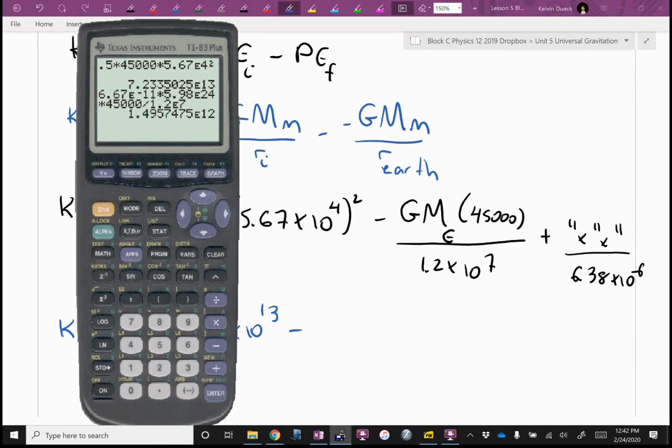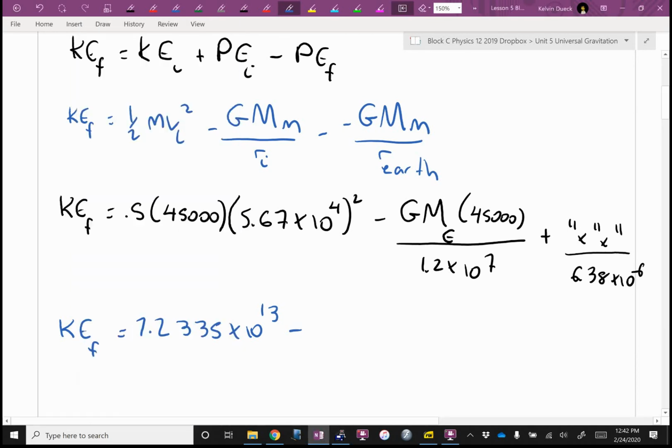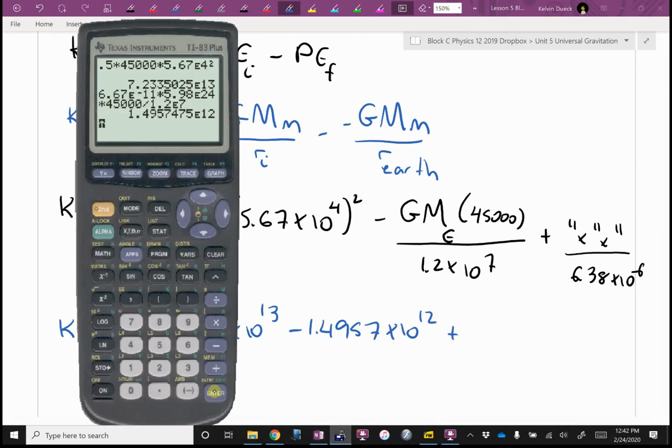You get 1.4957 times 10 to the 12th with a minus sign in front of it. 1.4957 times 10 to the 12th, and then plus, I think the second term I can just backspace edit and change the 6.38 times 10 to the 6th to the radius. 2.8133 times 10 to the 12th.